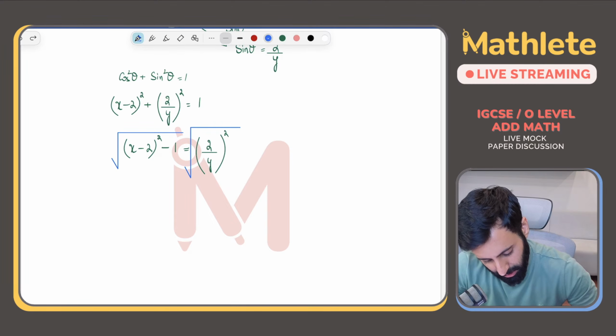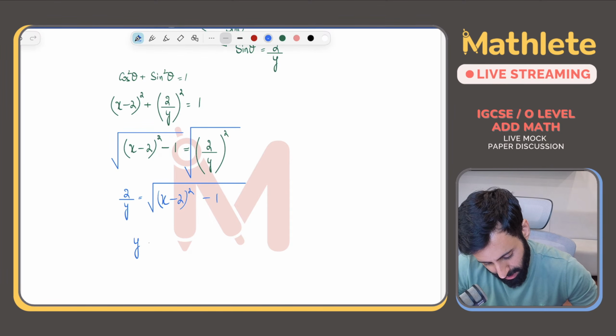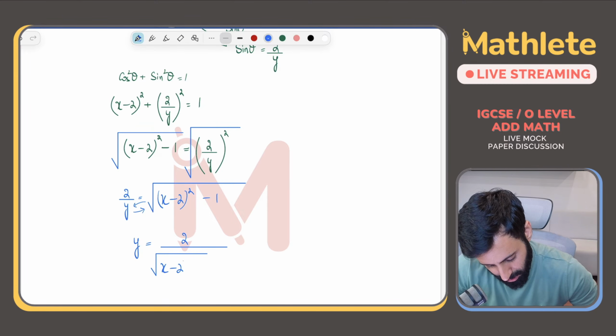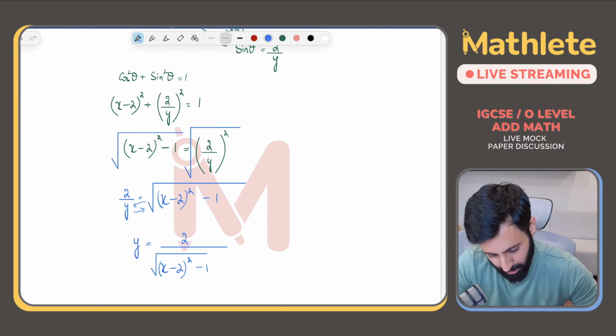So 2 upon y equals the square root of x minus 2, the whole thing squared, minus 1, which means, if you swap places, y equals 2 upon the square root of x minus 2, the whole thing squared, minus 1. There we go.